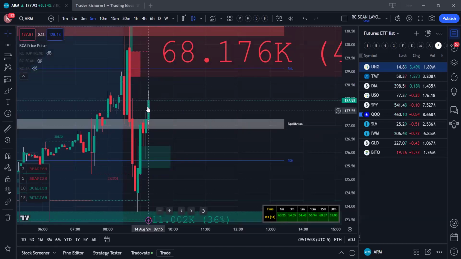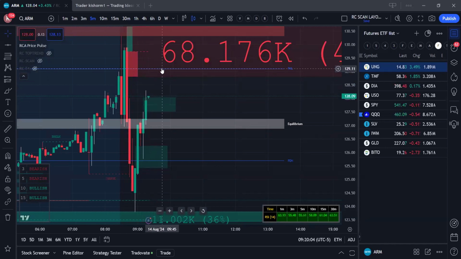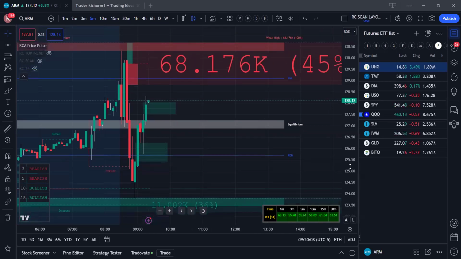Right? Whenever it is ready to touch, goes close to this one, we can take the profits. Again, if it starts dropping, we can do a bear call spread at that point of time.